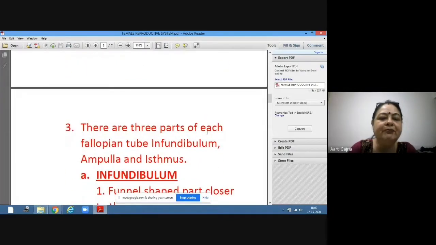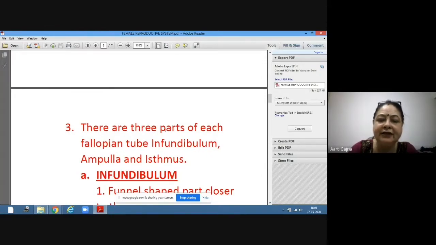There are 3 parts of each fallopian tube. Now, this is a new concept for you because till 10th you have done that there is a tube which is called oviduct or fallopian tube. Now, in 12th, you are going to learn about the parts of each fallopian tube. Each fallopian tube can be divided into 3 parts.